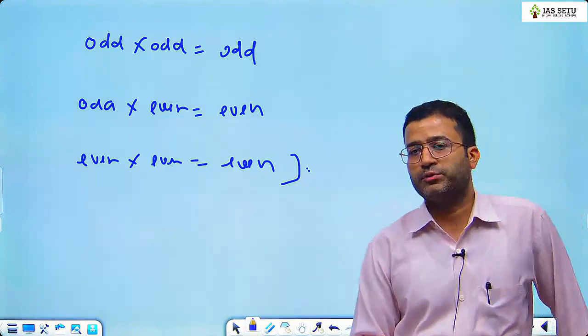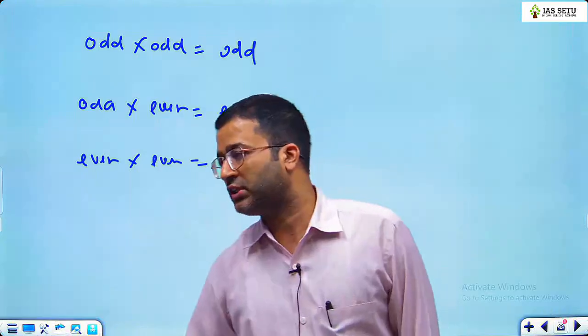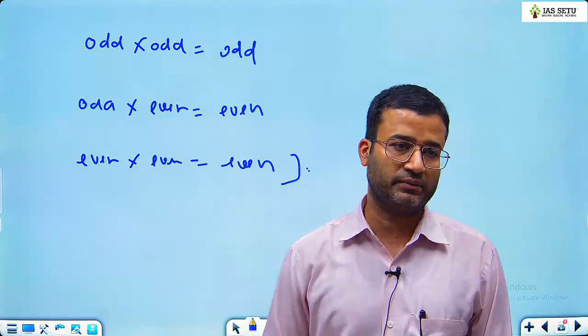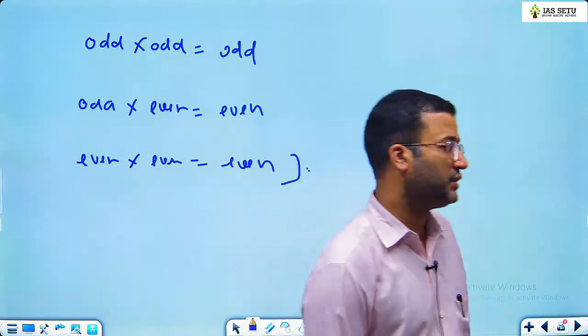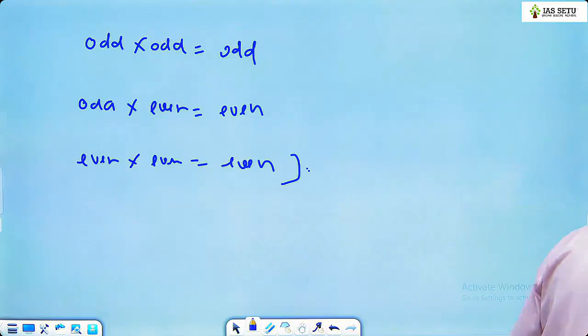And there is one more observation: in a multiplication, लिख लो, if there is at least one even number, final product will be even.